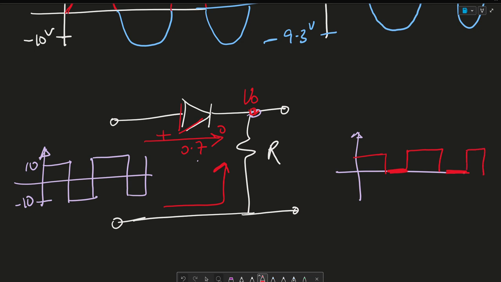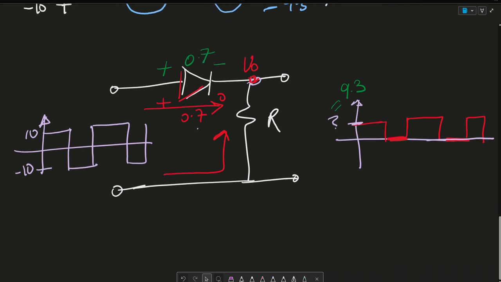Maybe pause the video and tell yourself what voltage this will be. Okay, so I hope everyone got the voltage. This voltage here will be 9.3, given that this is a silicon diode with a plus minus 0.7 volts through it.